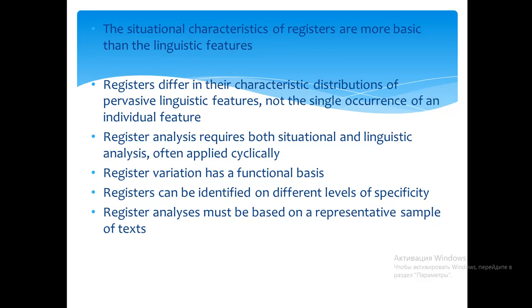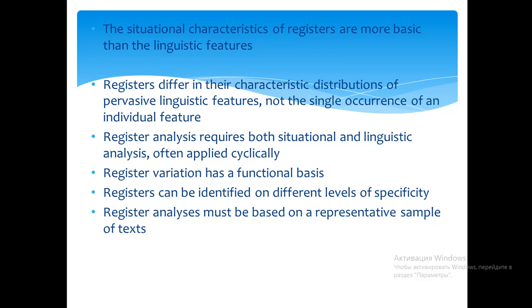The sixth: register analysis must be based on a representative sample of texts. Because a register analysis seeks to characterize a variety of language, not a particular text or an individual writer's style, it must be based on analysis of a sample of texts selected to represent the register as fully as possible.